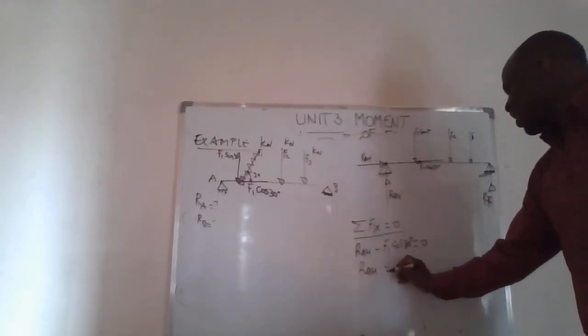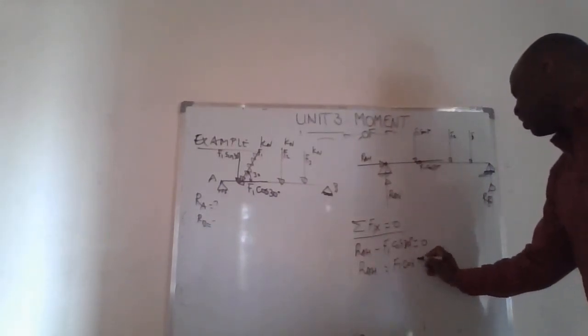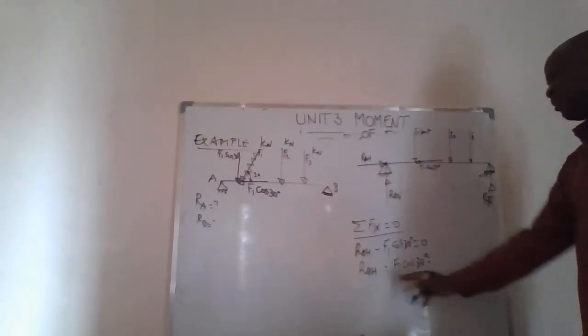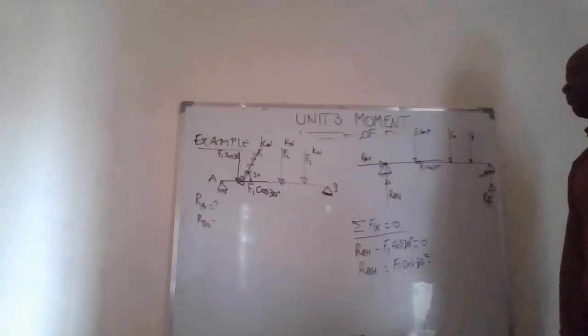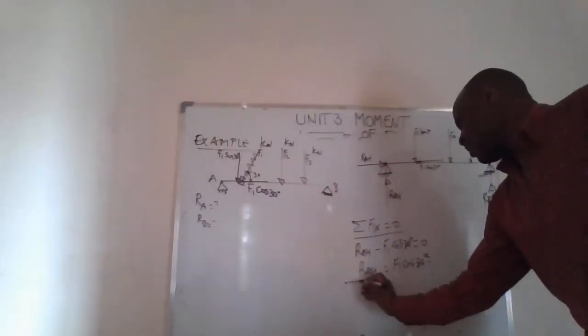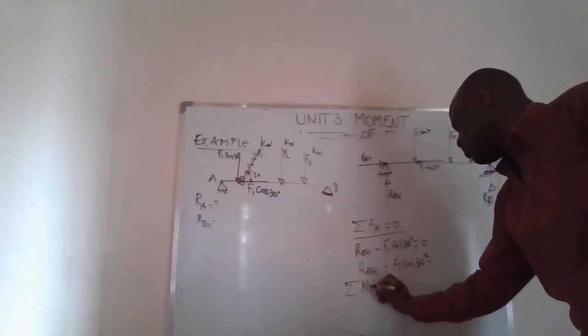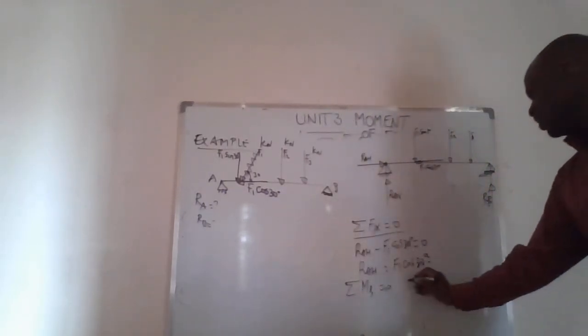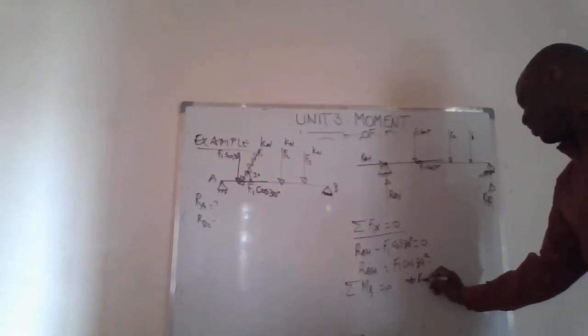F1 will be given, RAH will then be F1 cos 30, and this will give us a certain value of RAH. To get RAV, because it's vertical, we need to use the sum of moments about B equal to 0. That equation of moment will definitely help us to get RAV.